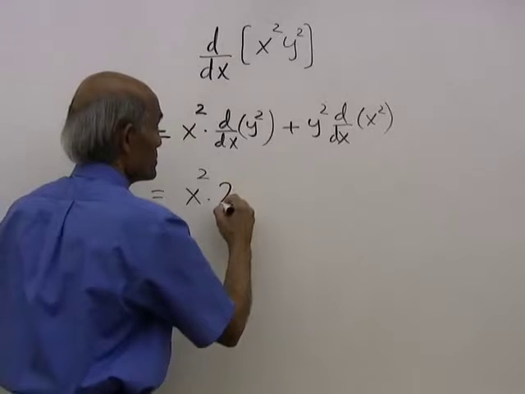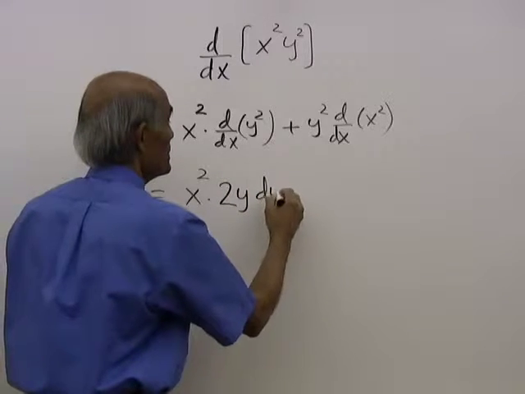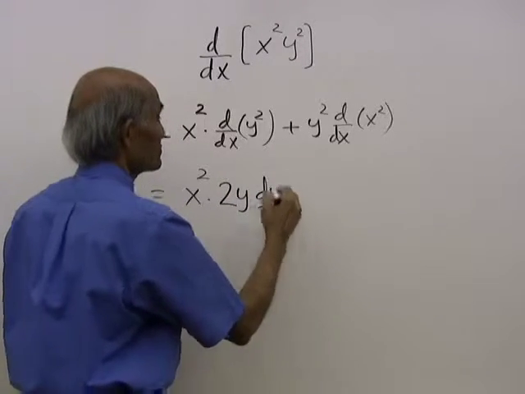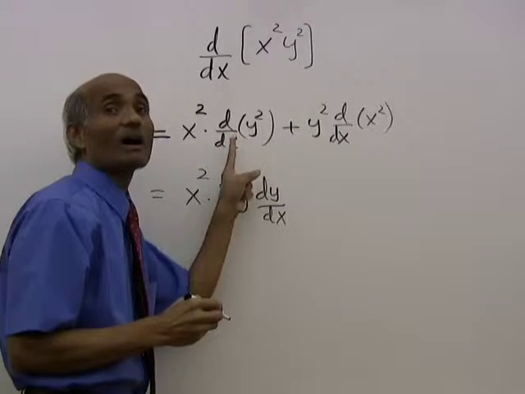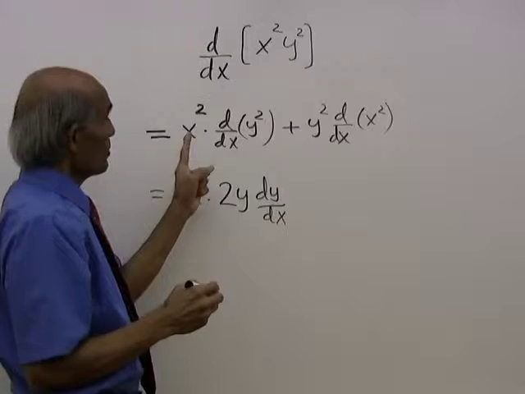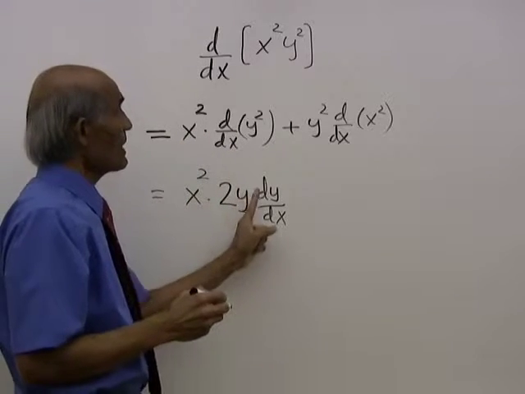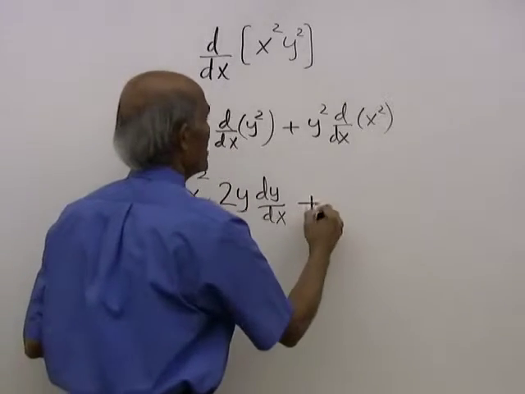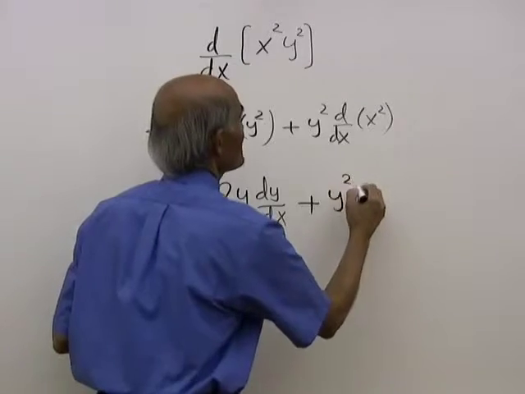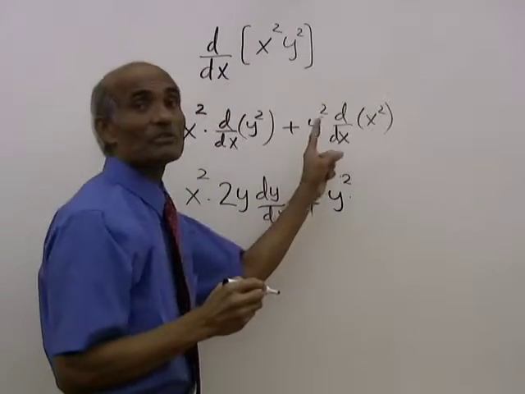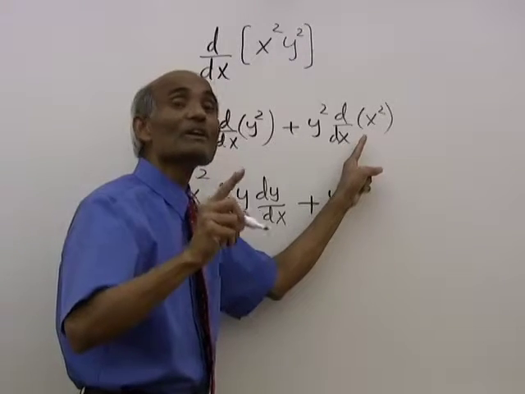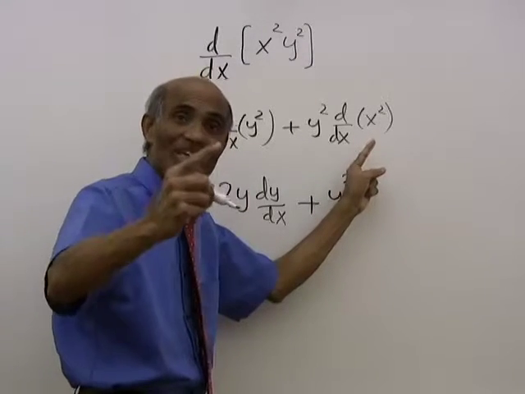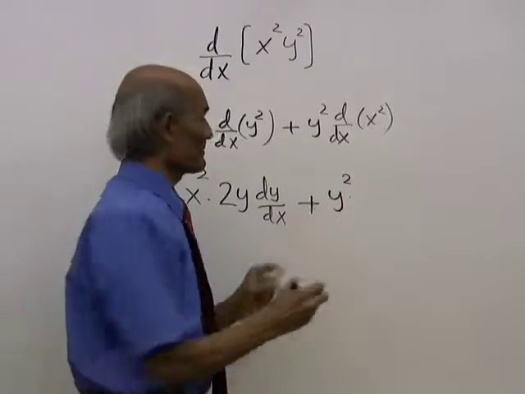That will be 2y dy by dx. That's right, 2y times the derivative of y with respect to x. So x squared times 2y dy by dx plus y squared times the derivative of x squared with respect to x, which will be 2x, because dx by dx will be 1.